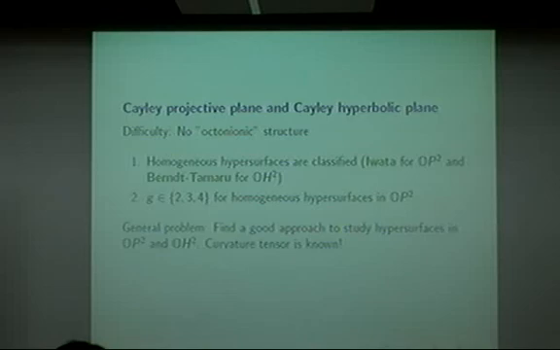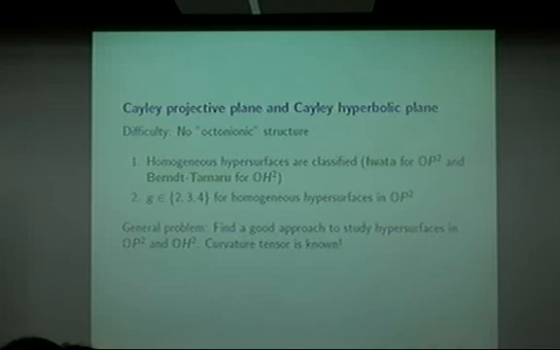So the general problem is to find a good approach to study hypersurfaces in these two types of planes, the projective and hyperbolic plane over the octonions. One remarkable thing is that the curvature tensor of these planes is known. There is a nice explicit formula which was derived by Brown and Gray.